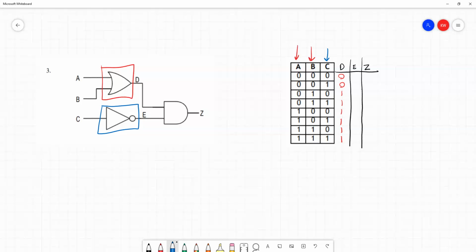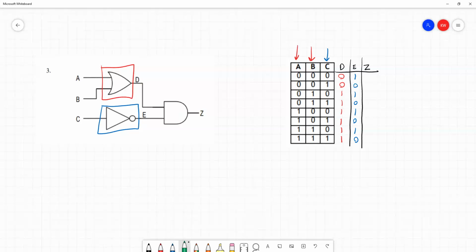So I'm just going to work my way through column C here and write the opposite value in column E each time. Instead of 0, 1, 0, 1, 0, 1, 0, 1, it's going to be 1, 0s repeating down the column. But that pattern repeats only because there's a pattern in column C. So each row I'm looking, saying, well, there's a 0, put a 1, there's a 1, put a 0. So our values for column E come from the opposite of the input C.